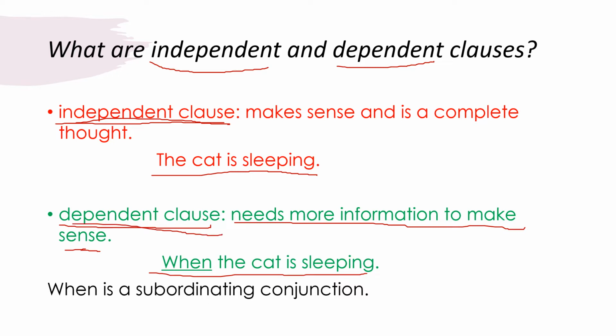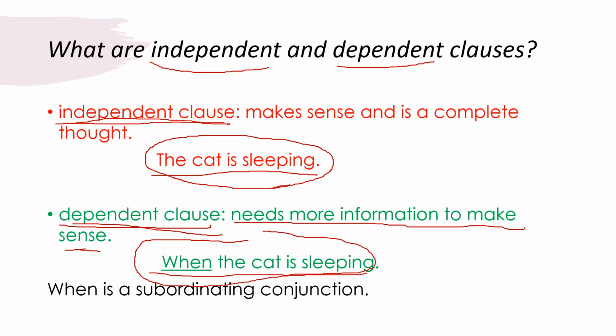Okay, now if you look at the two sentences, the independent clause and the dependent clause, the independent clause, the cat is sleeping, is the same as the dependent clause, but only that we added the word when, right? When the cat is sleeping.